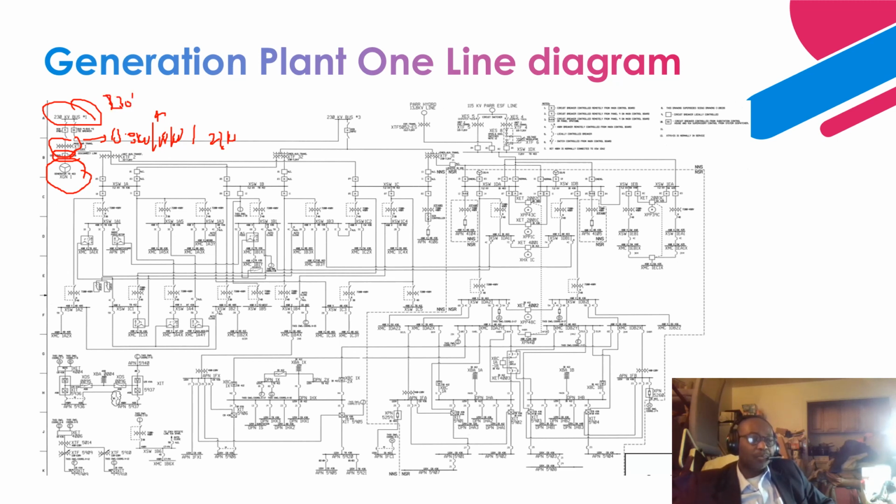230 kV. So within this switchyard environment or confines, you have different bus configurations, right? One of them is a breaker and a half scheme. You have a ring bus, right?